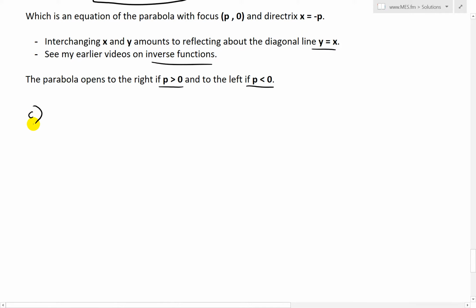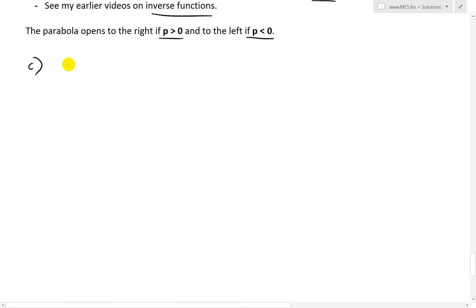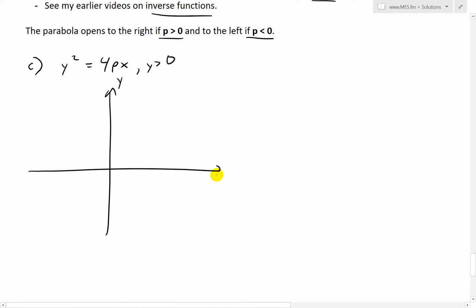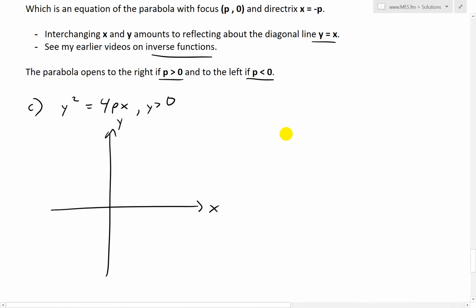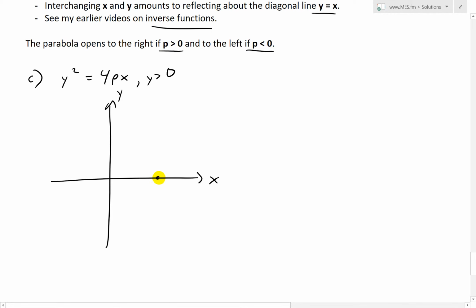I'll write this as figure C. So if we have y squared equals 4px, and let's say p is greater than 0. So what we end up having is a y and x axis like that. Let's draw this a bit smaller. We've switched everything, so the focus is now (p, 0). If p is greater than 0, it's going to be somewhere here.